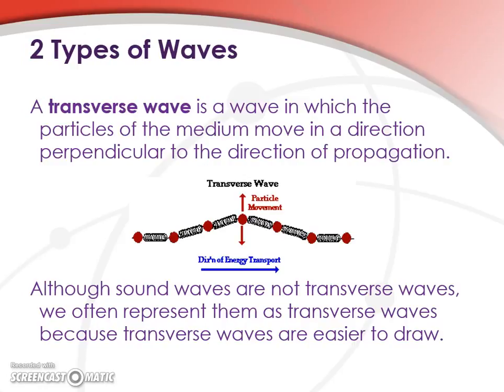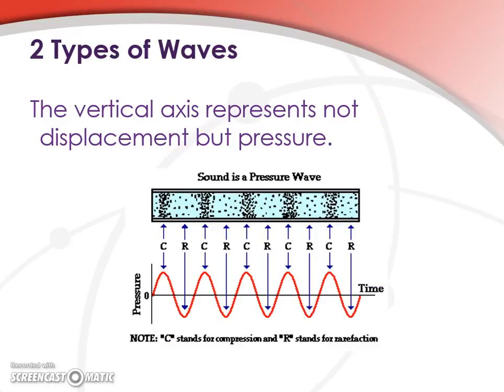We often will draw sound waves and make them look like transverse waves, but it's a misrepresentation. It's just because it's easier to draw them that way. So we need to keep in mind that sound waves don't look like, if we can use the word look, what we normally draw them as.